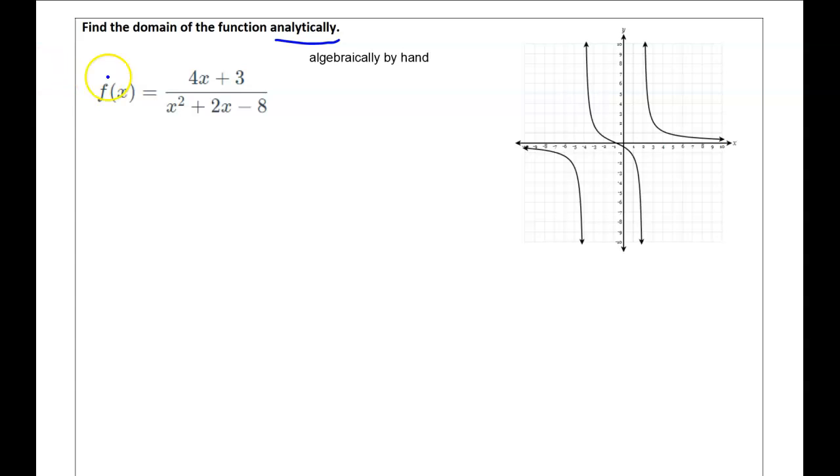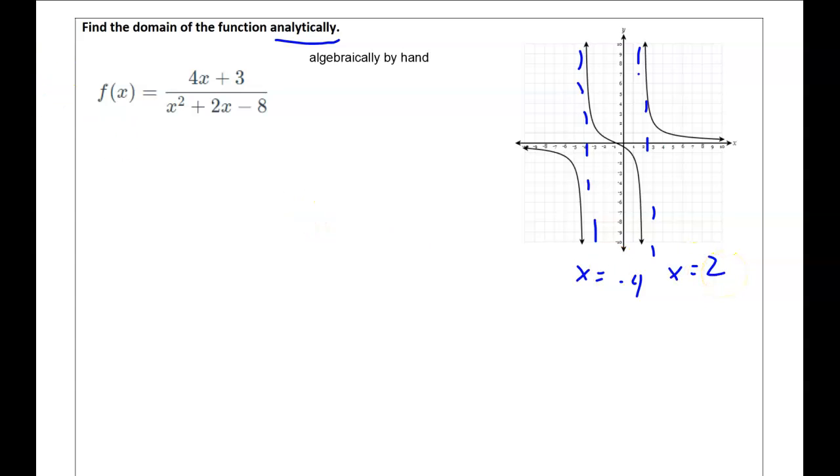And I'm giving you the graph here, although when you find these in the wild, you will not be given the graph. And notice it has two x values that are not in its domain. That looks like x equals -4, it skips, and x equals 2, it skips.